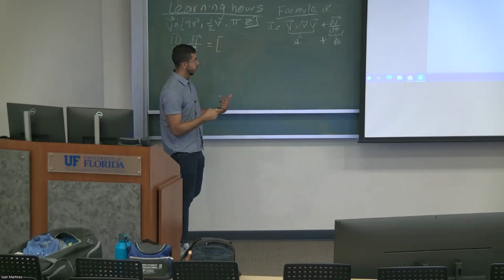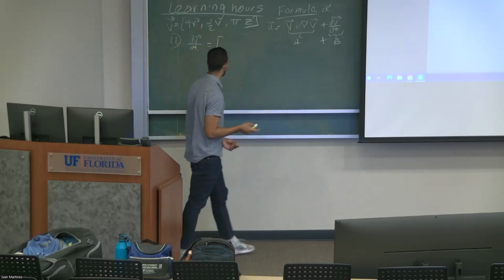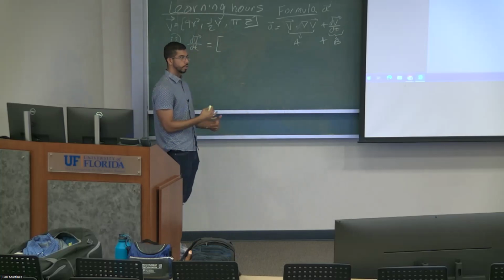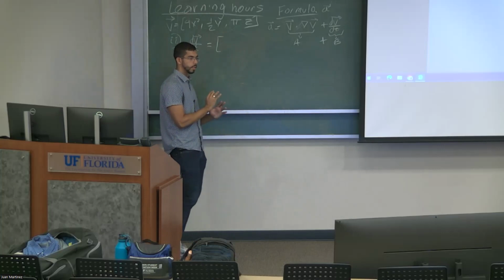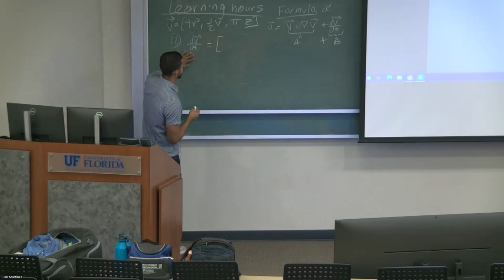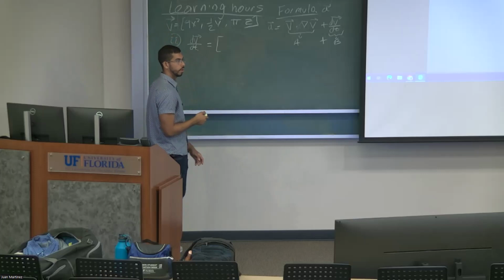Okay, let's go back a little bit. But let's go with B first. It's the same thing, because I like to go relatively easy to then a little bit more complex. So if I want to take the derivative of this vector, what do I do?